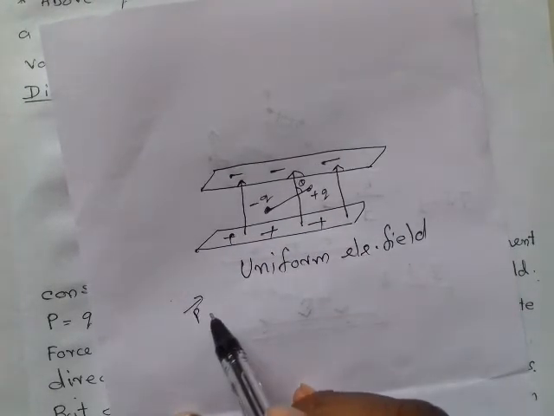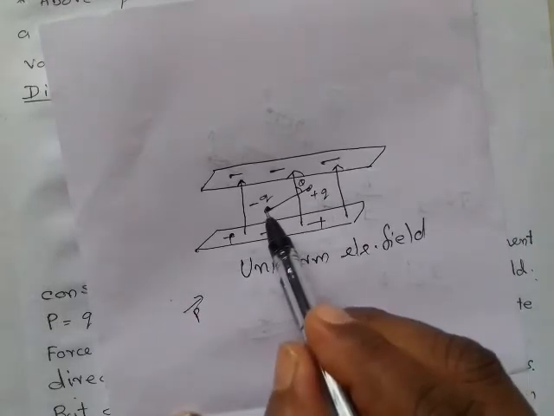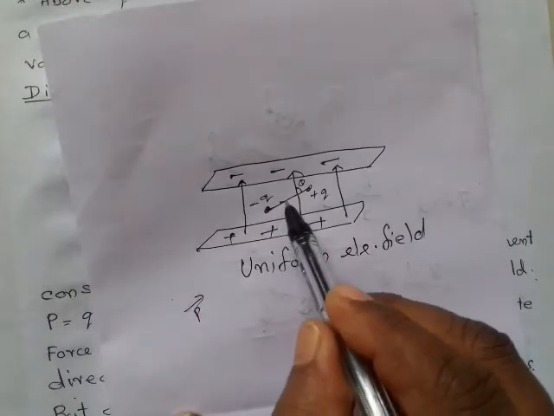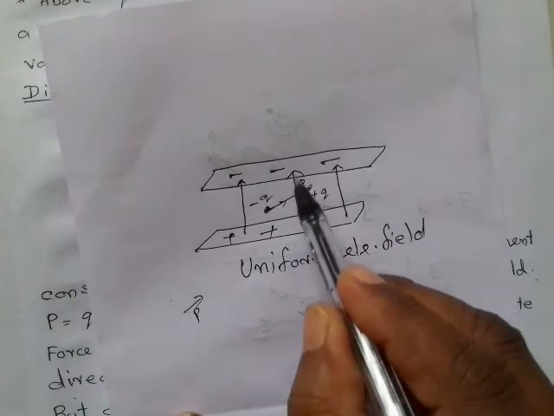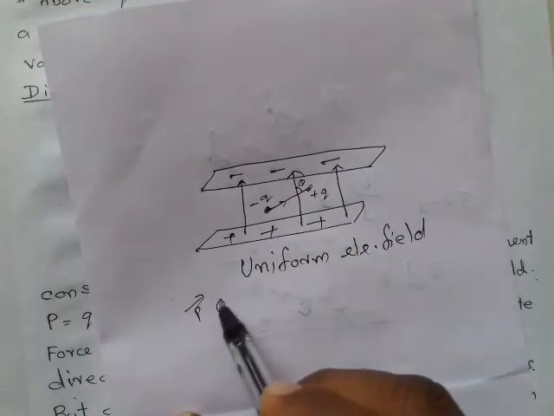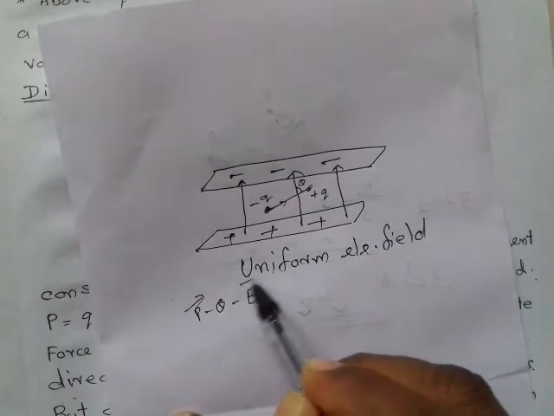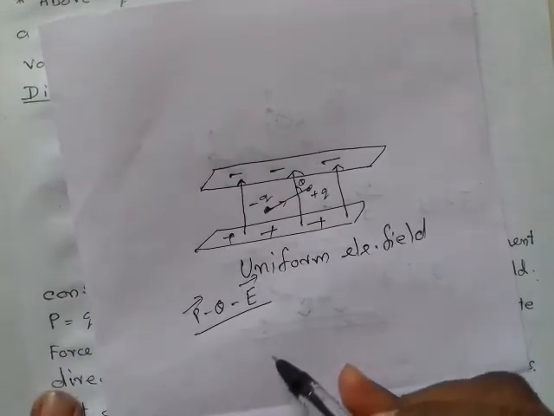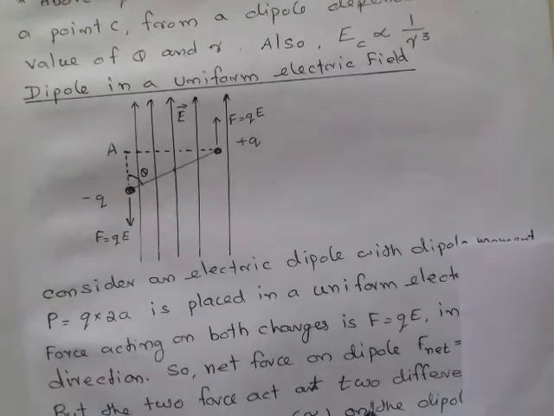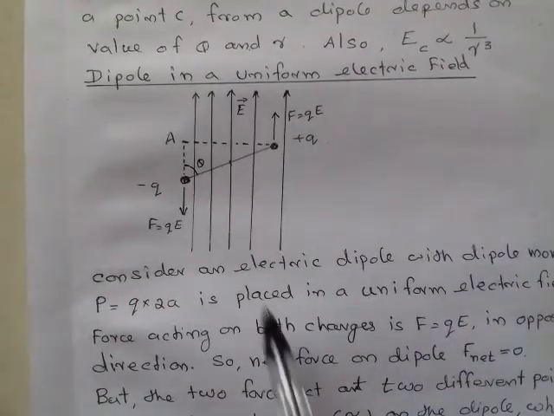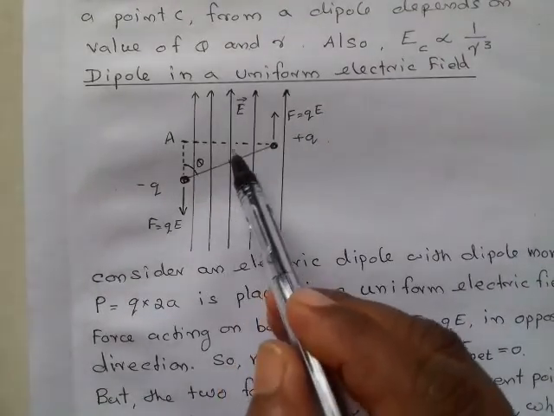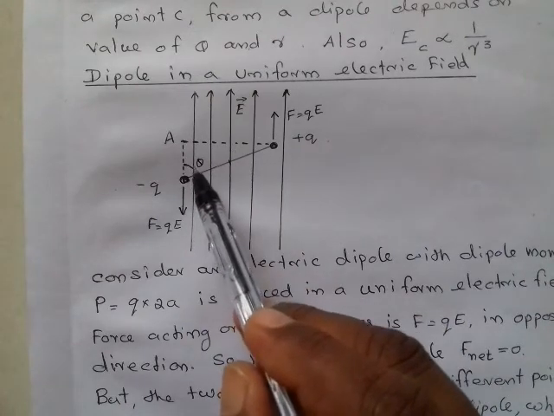It is the dipole moment of the dipole, which points from minus charge to plus charge. So theta is the angle between the dipole moment and the electric field direction. Here is the angle, and this is also the same angle.